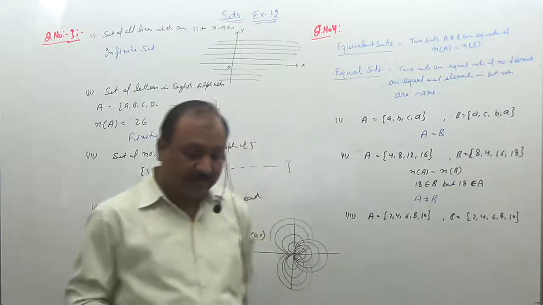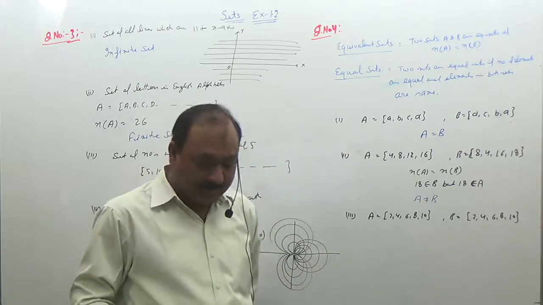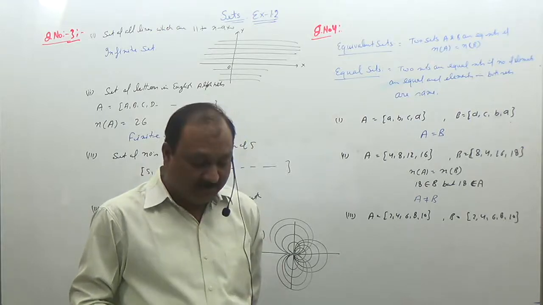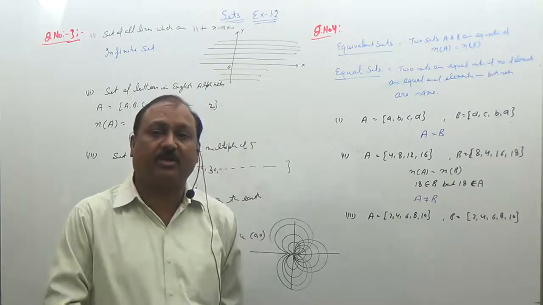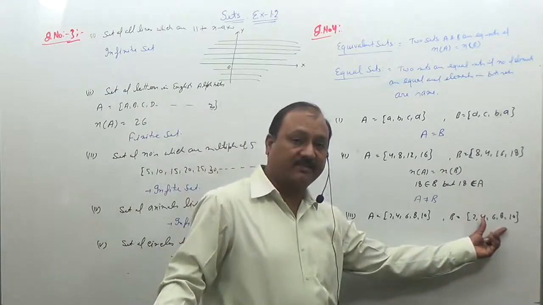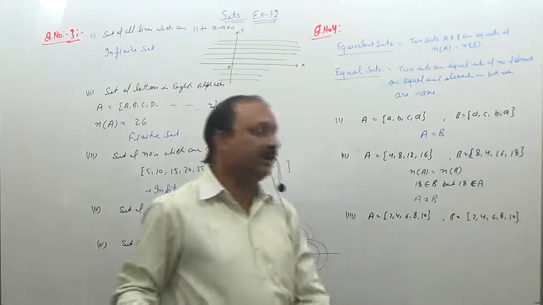अगर यहां पर आप देखें तो यहां पर सेट बिल्डर फॉर्म गिवन है, सेट बी इज द एलिमेंट ऑफ द ऑल पॉजिटिव इवन इंटीजर्स which are less than or equal to 10, that is all positive even numbers or natural numbers which are less than or equal to 10. So these are 2, 4, 6, 8.